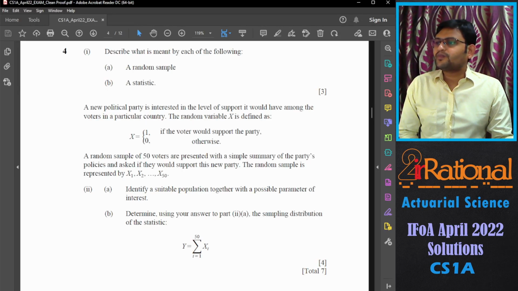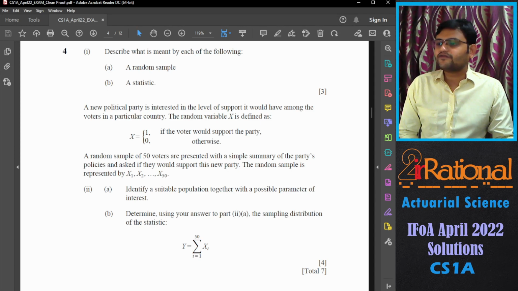Next, a new political party is interested in the level of support it would have among the voters in a particular country. The random variable x is defined as x equal to 1 or 0 if the voter would support the party, otherwise not. A random sample of 50 voters are presented with a summary of the party's policies and asked if they would support the new party. The random sample is represented by x1 to x50.